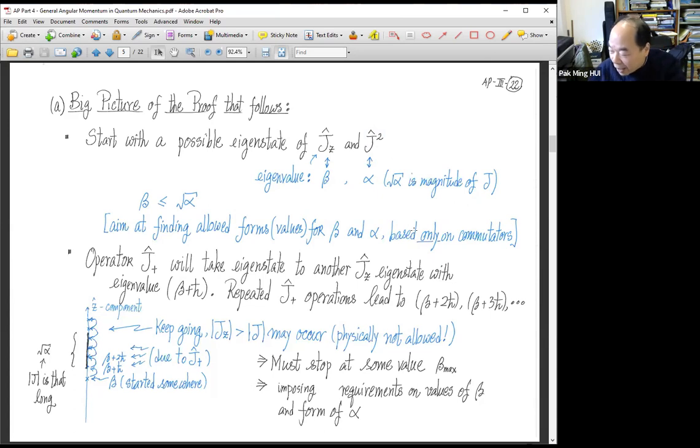So there will be some common eigenstates of J square and also Jz.